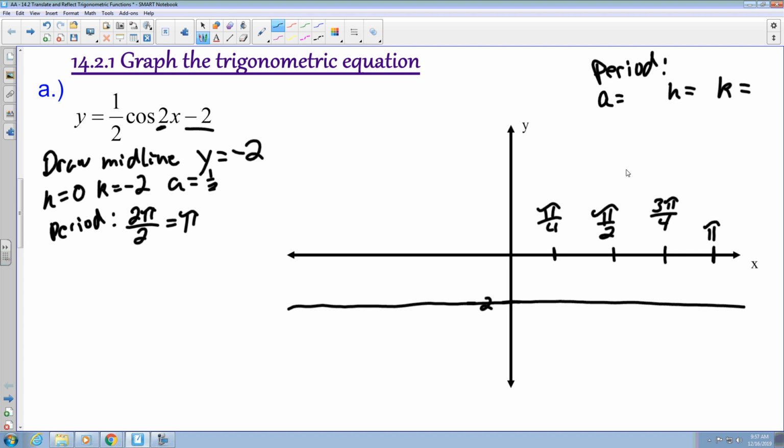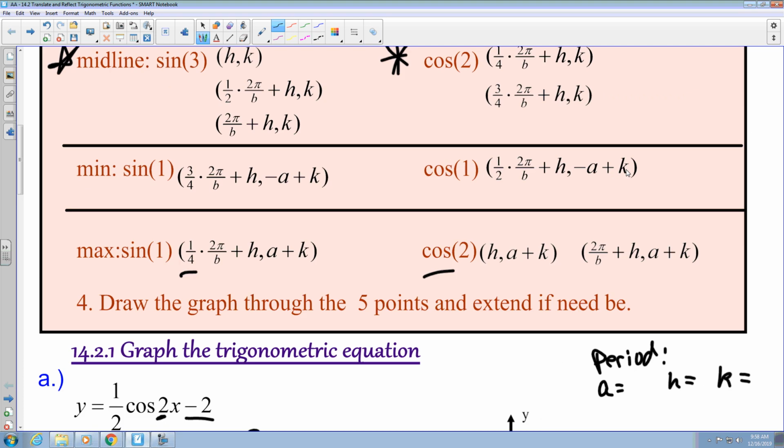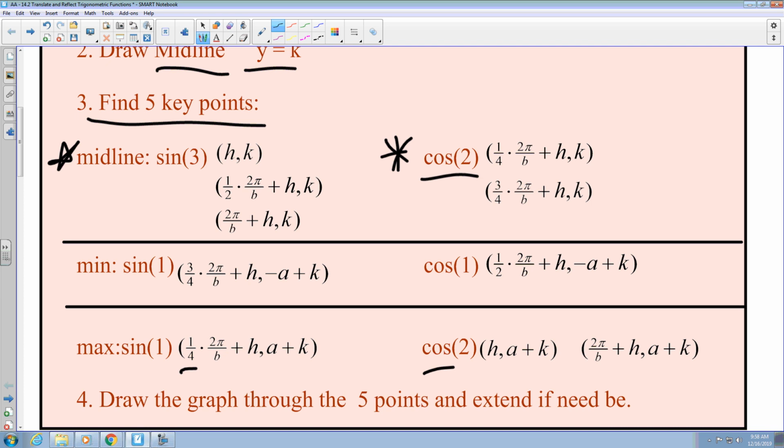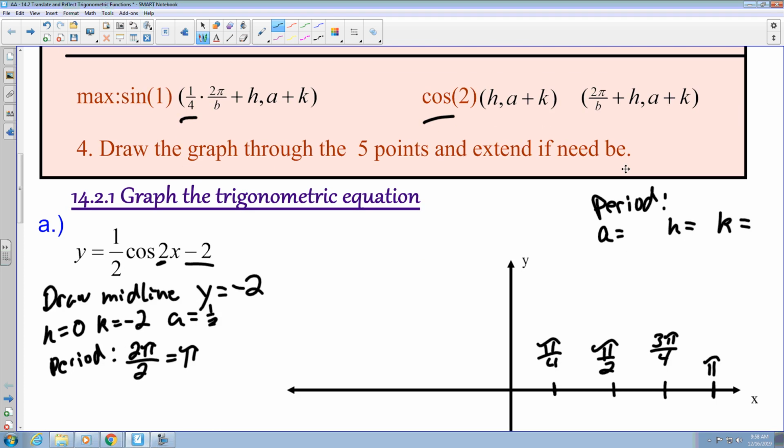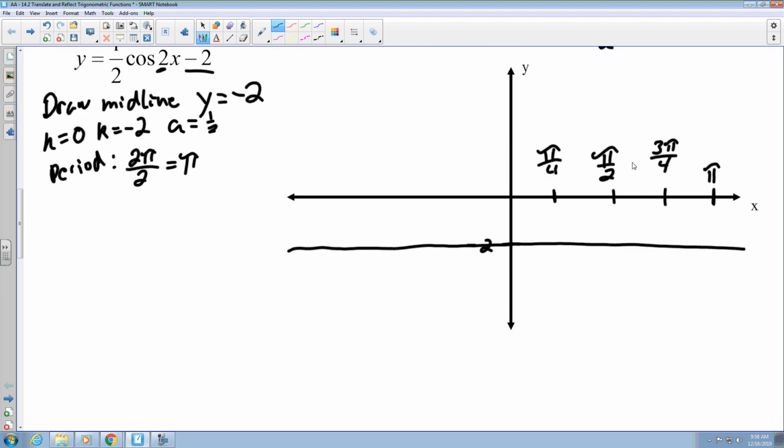these particular problems. So first things first, I'm going to look for the midline coordinate. There are 2 coordinates with respect to cosine. So I'm going to look at my midline points, and those are going to be points that are on this line that I just drew over the -2.